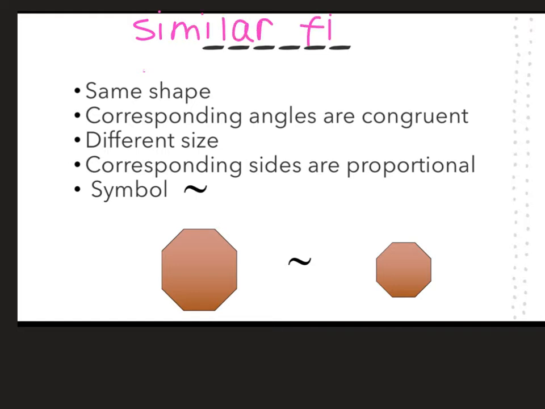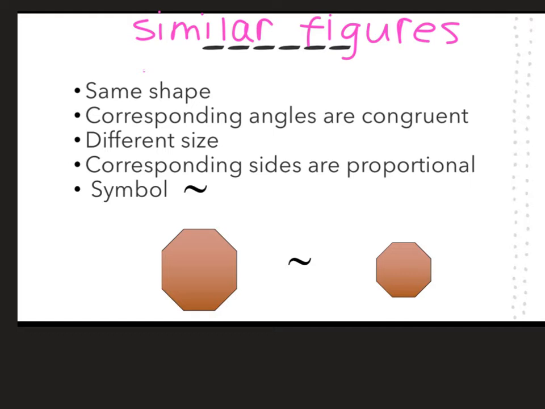So similar figures, the definition is they are the same shape, they are different sizes. If you see at the bottom here, I gave you an example of similar figures. They are the same exact shape, but one is larger, one is smaller, so different sizes. Part of similar figures is that their corresponding angles are congruent. Congruent just means equal.